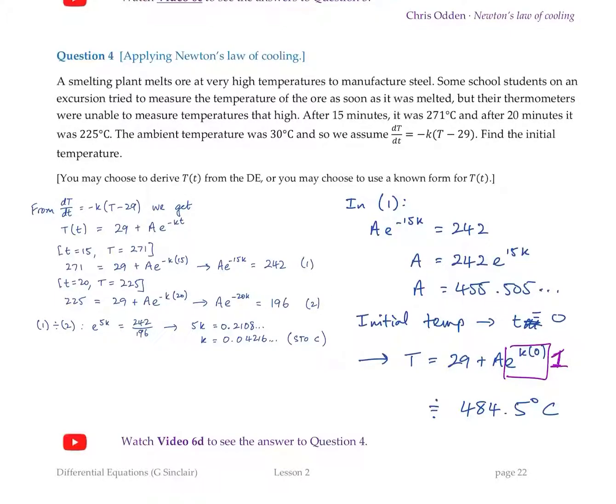Right, so on a graph, I can't help myself, have to talk about a graph here. Sorry about the wonky scale. This is little t, this is big T, and the information given was that after 15 minutes we had 271 degrees, and after 20 minutes we had 225 degrees.